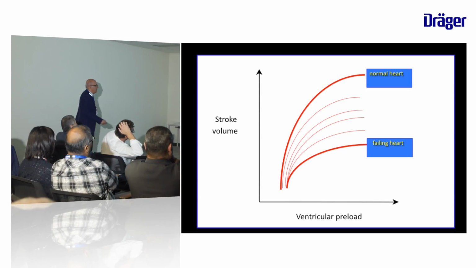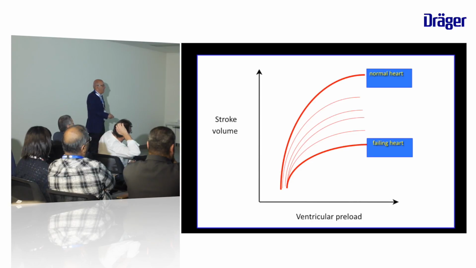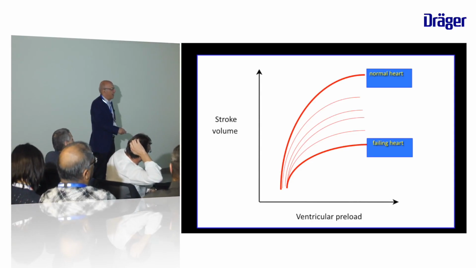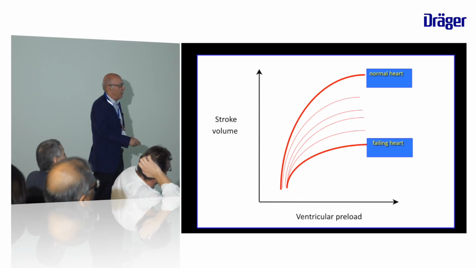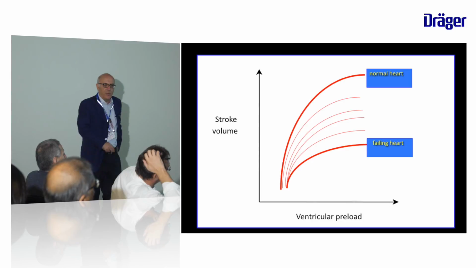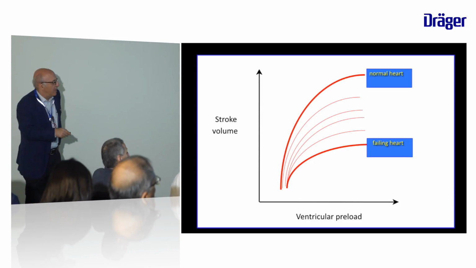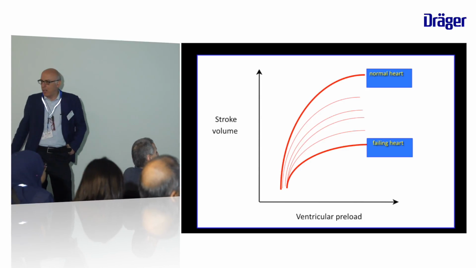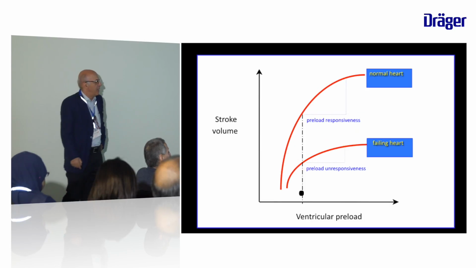In fact, we have not just one curve, as we discussed before, but we have different curves. For example, this is a failing heart, this is a normal heart, and between the failing heart and normal heart, we have many curves which relate the stroke volume with the ventricular preload. And what happens?